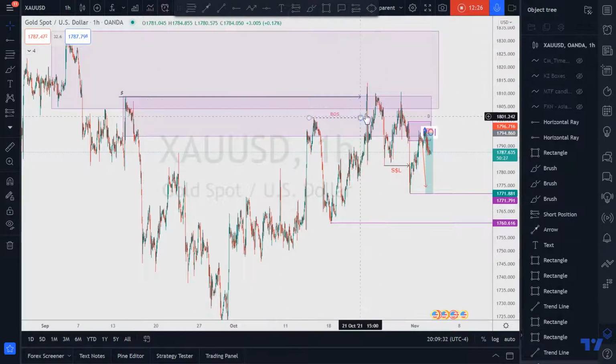When it does that, it usually means it's going in the other direction when it wicks above and then comes on down. This is, I believe, a weekly. So we ran into all of this heavy supply up here, tapped into it. So I'm looking for price to come on down to these levels again. I'm going to target here.